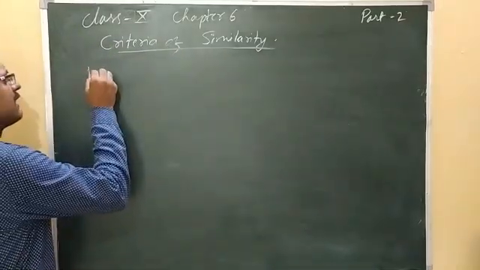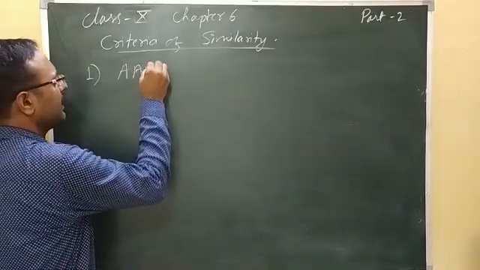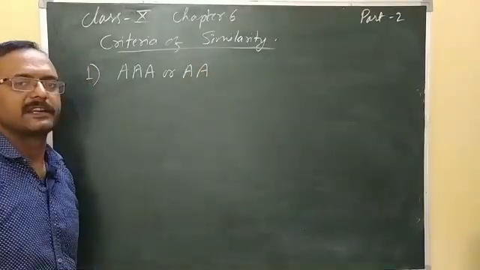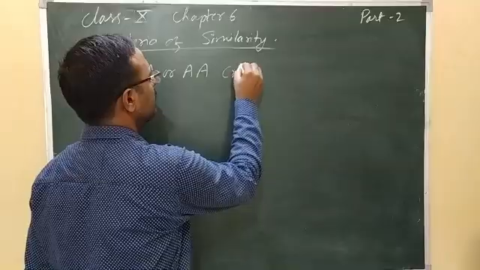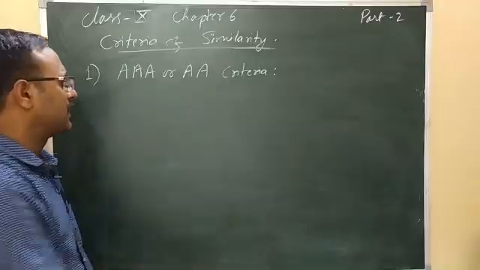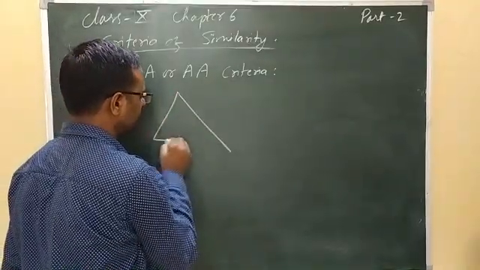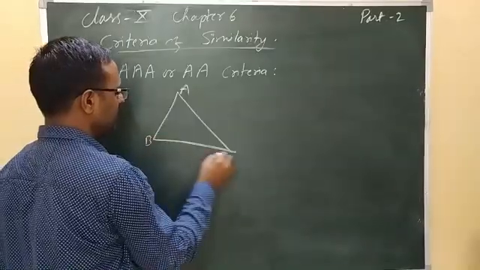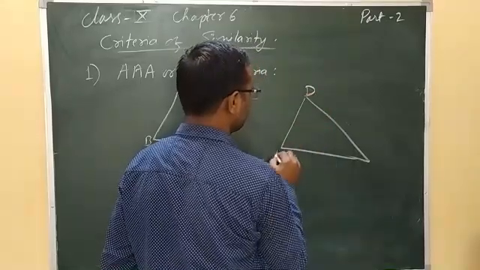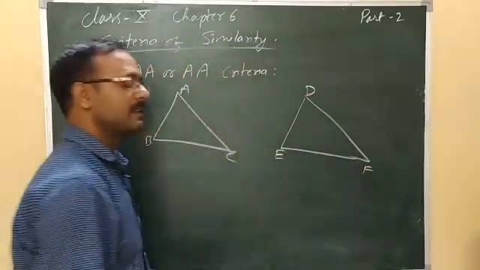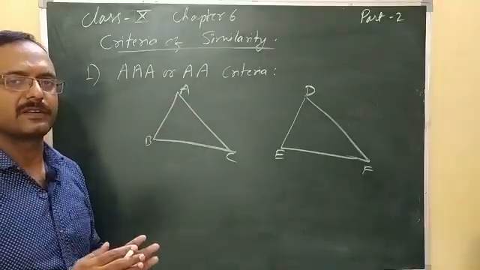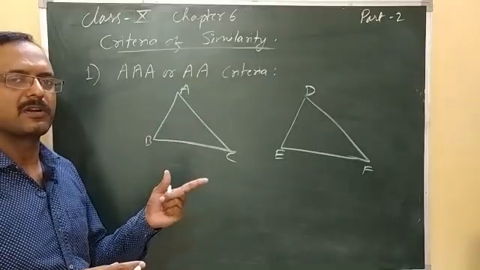Now, the first criteria is AAA, or it can be also termed as AA criteria. So what happens in this criteria? If there are two triangles, suppose triangle ABC and another triangle DEF, and if in these two triangles we have corresponding three angles as equal, then these two triangles will be called as similar.